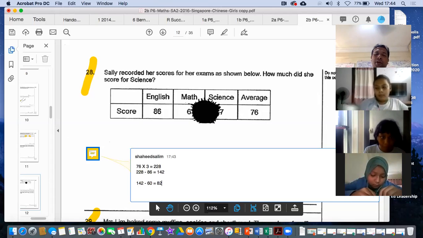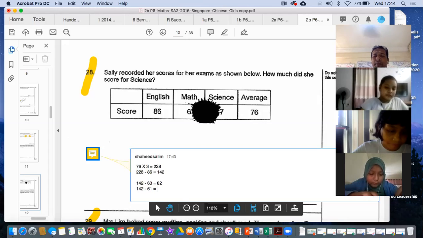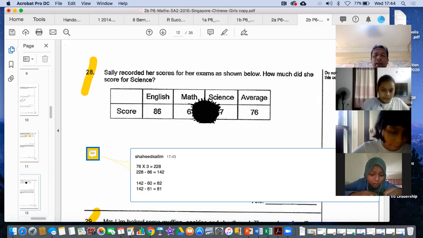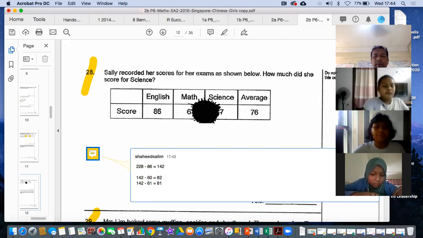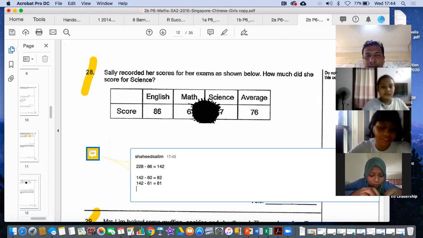You get 82. Cannot be, because the last part must be 7. Then you must try 142 minus 61, because we cannot see this part here. This could be 61, 62, 63. So we try until we get a 7 down here. You get it now? You get 81. 81, yes. 60 plus 7.